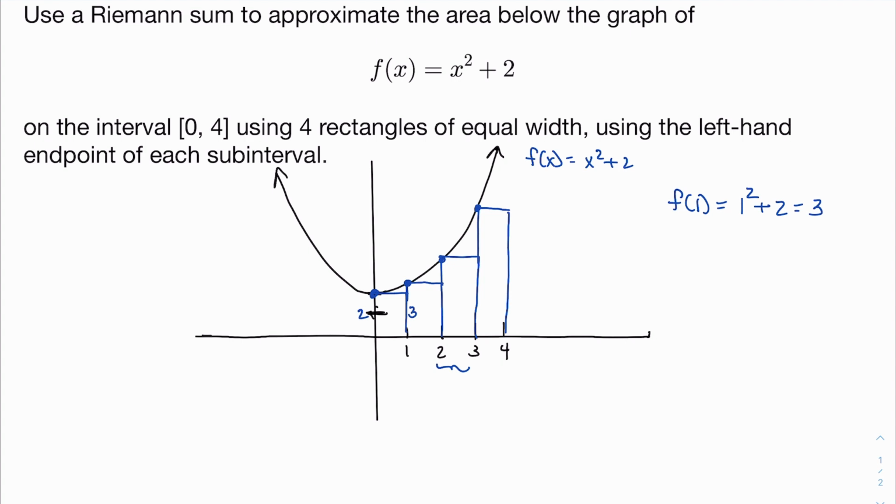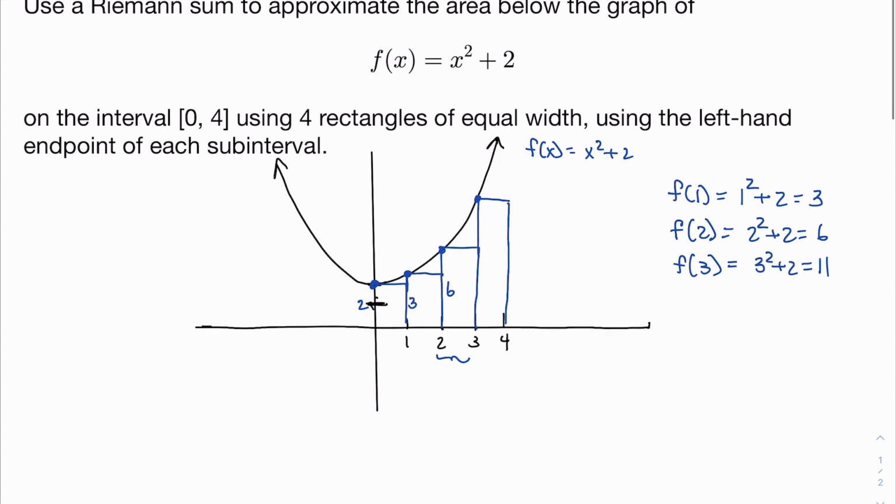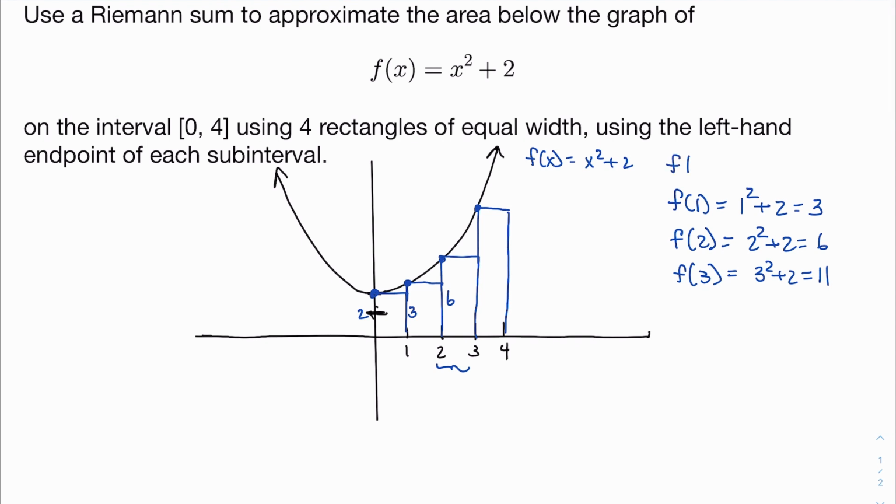Then when x equals 2, the height is 2 squared plus 2, which is 6. So this rectangle here is 6 units high. And the last one, which is determined by f of 3, 3 squared plus 2, is 11. And just to complete the picture here, f of 0 is 0 squared plus 2, which is 2. So there are the heights of my rectangles.